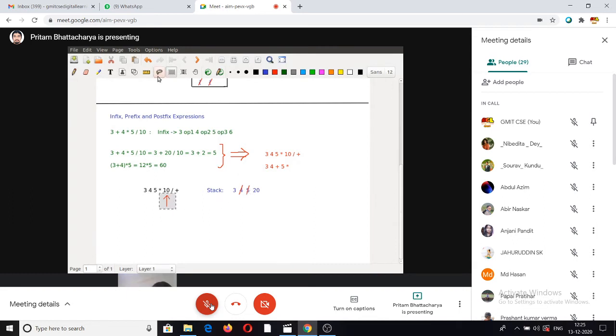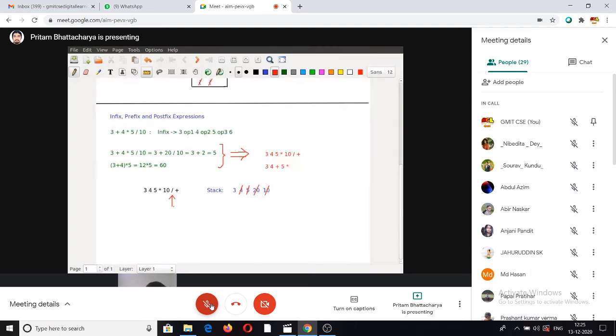Now 10 is again an operand, so I'm going to push 10 in, and I'm going to move the arrow forward. And now again I've encountered an operator, that is division. So once again, you pop the top two elements from the stack, in this case 20 and 10.